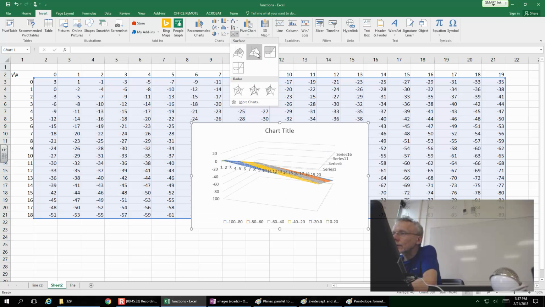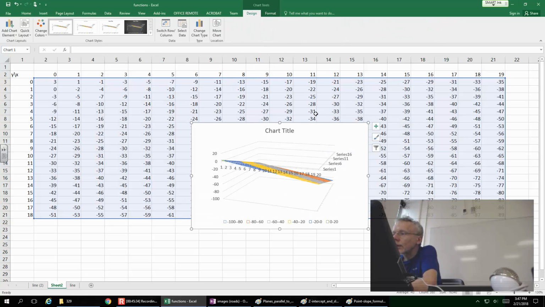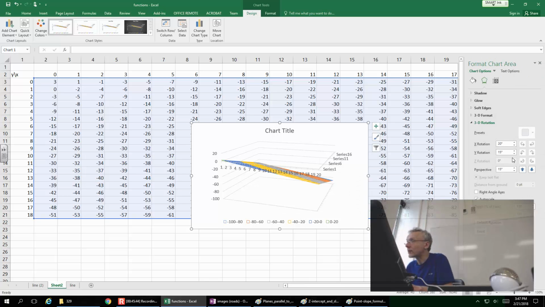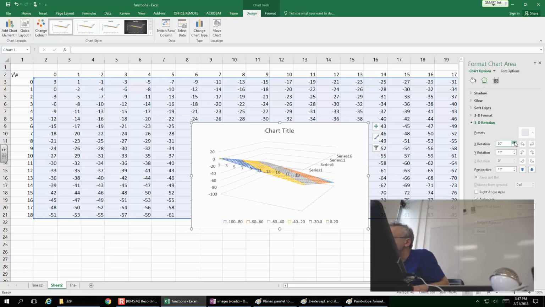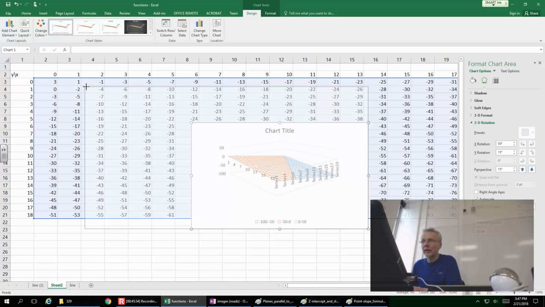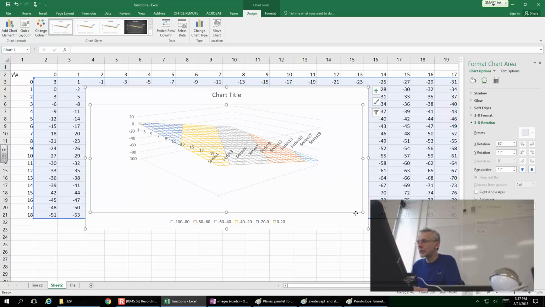Oh, here it is. It looks a bit awkward, but fortunately you can rotate it to see the plane that we have built. So it is indeed a plane. We did not skip any of the entries.